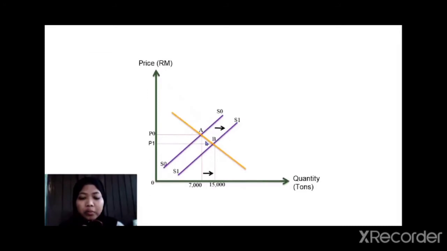The equilibrium point will move from A to B, and the difference between these points is 8,000, which is how many tons were imported by the government. The equilibrium point intersects with the S1 curve at price P1 and 50,000 quantity.